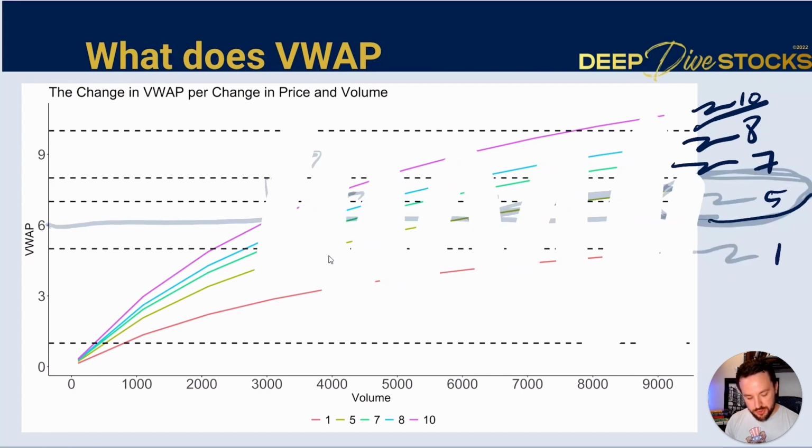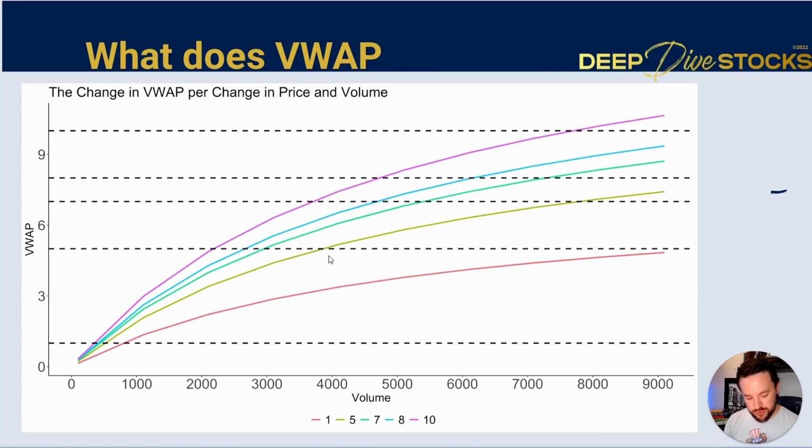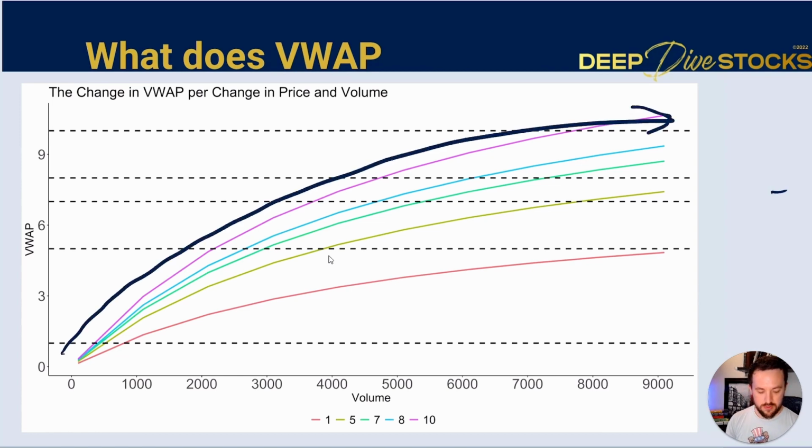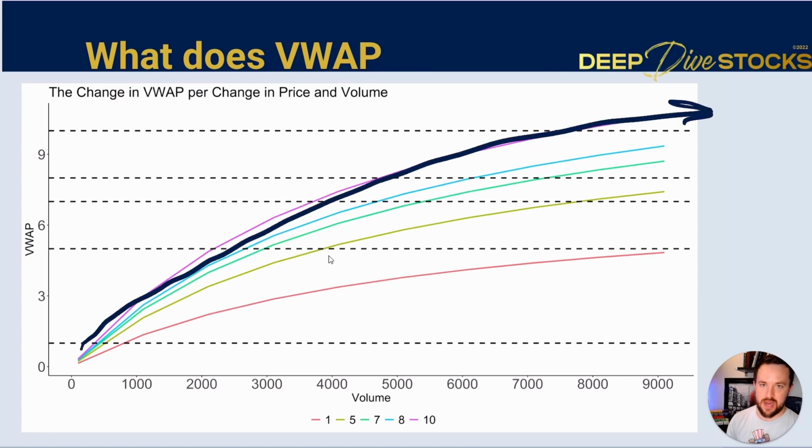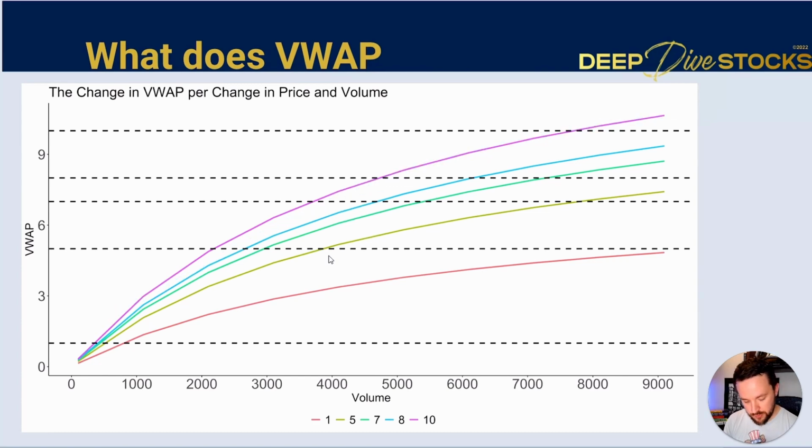This also shows us the nature of the way that VWAP responds to volume. It's a log graph, right? And it maxes out, which is another finding about VWAP. There's a little bit of math nerdiness, but we notice that as volume increases per 5-minute candle, its influence on the change of VWAP diminishes. So for instance, if we look at the $10 and our volume is near 0, and then we go to 2,000, it's quite a significant jump.